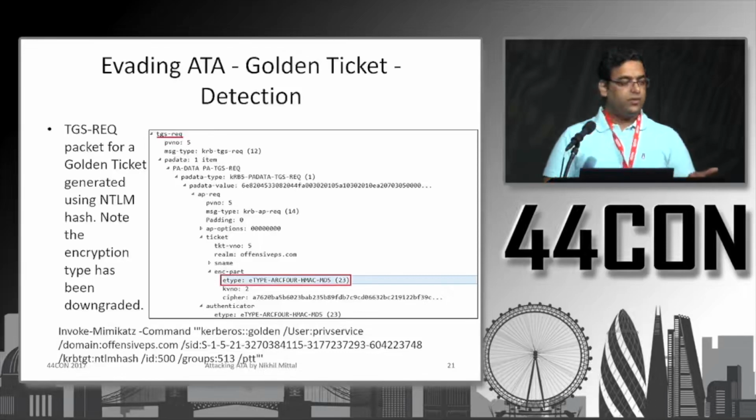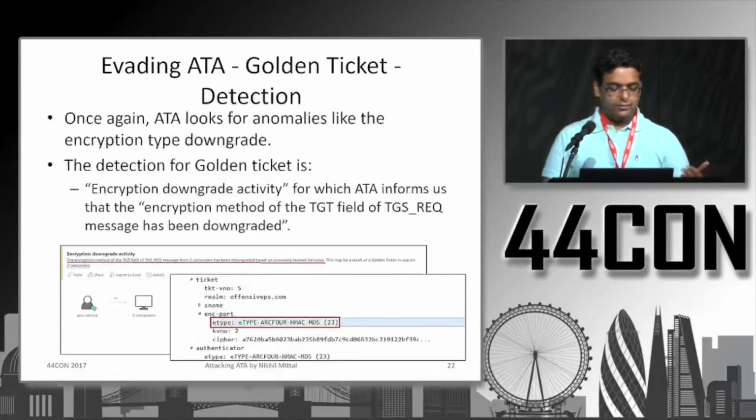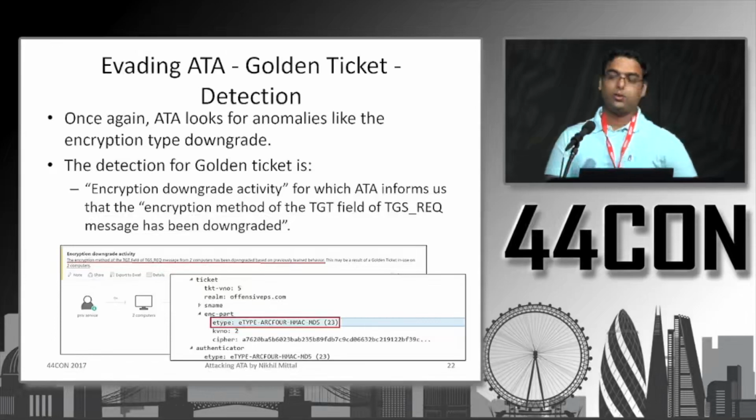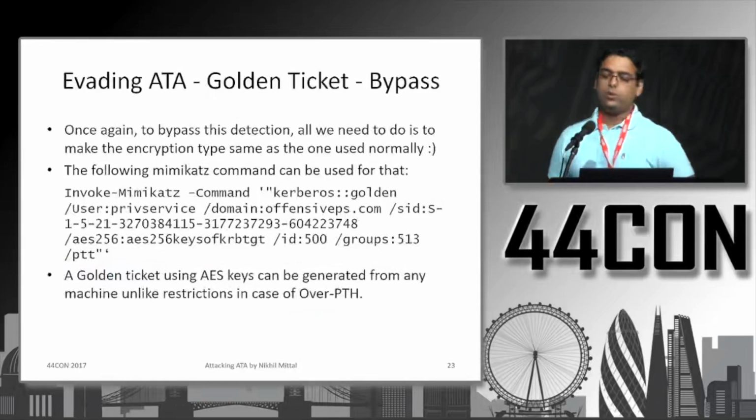So as we have learned from the Overpass-the-Hash attack, the natural thing to do is to use AES keys. You can see here, and in fact I think in this case it is not readable, but it says the encryption method of the TGT field of the TGS request message from two computers has been downgraded based on previously learned behavior. So we simply do this once again.